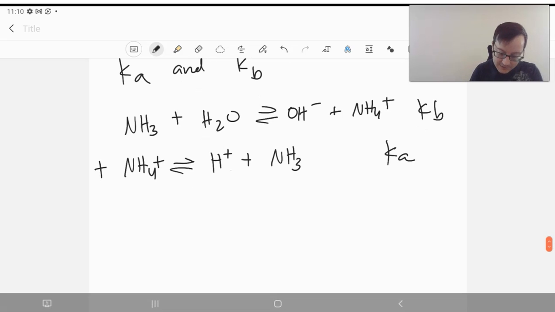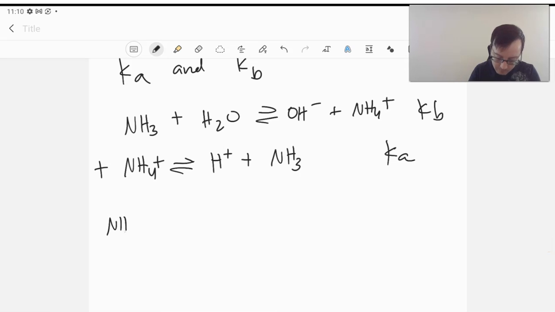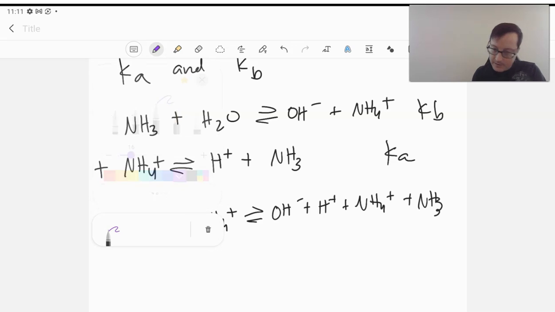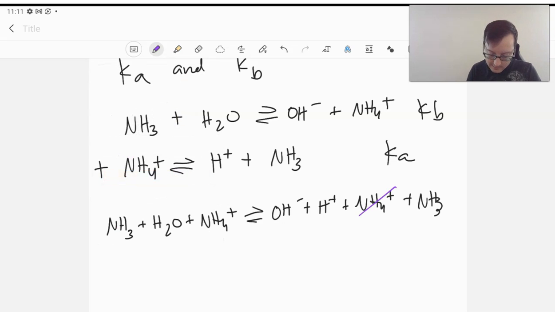So if we add these two equations together, NH3 plus H2O plus NH4 plus, we have OH minus plus H plus NH4 plus NH3. And as we know, if something is on both sides of the equation, cancel it out. What the heck? H2O turns into OH minus plus H plus. Go figure.